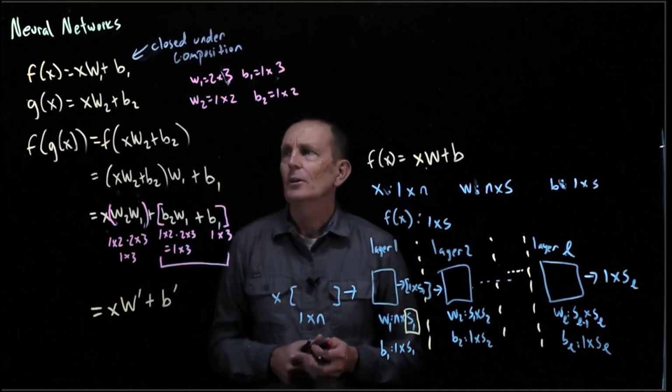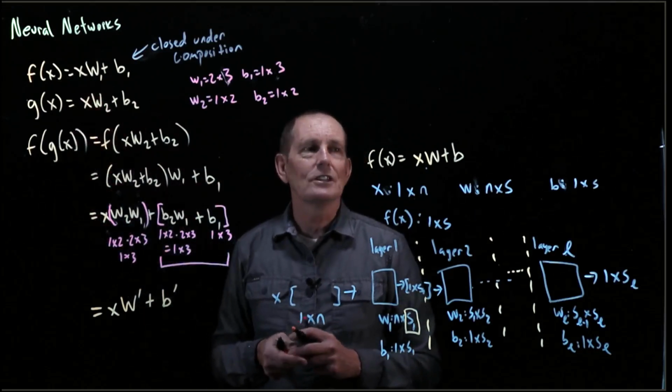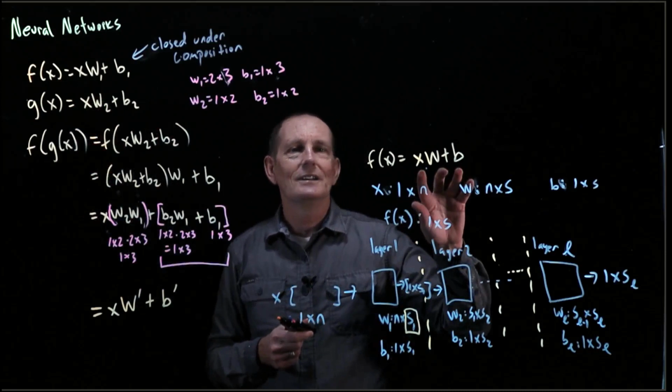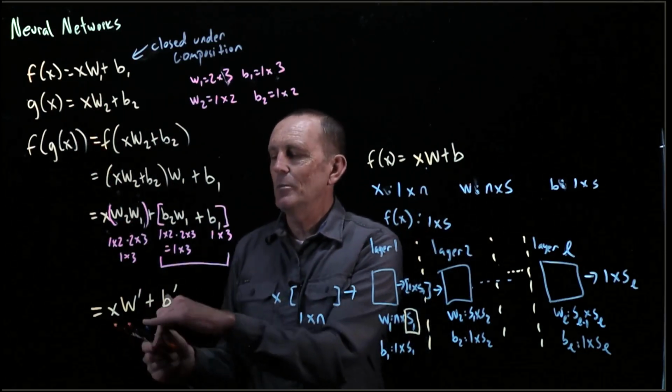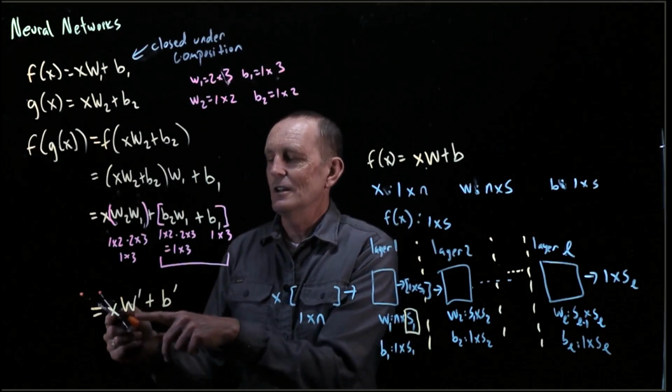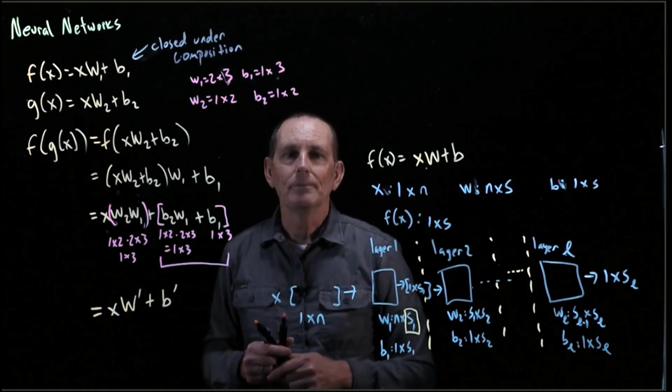So what's happened? Well, we took two of our functions of this form and we applied them together, and we found that that could be replaced with another function of that form with different w and different b.